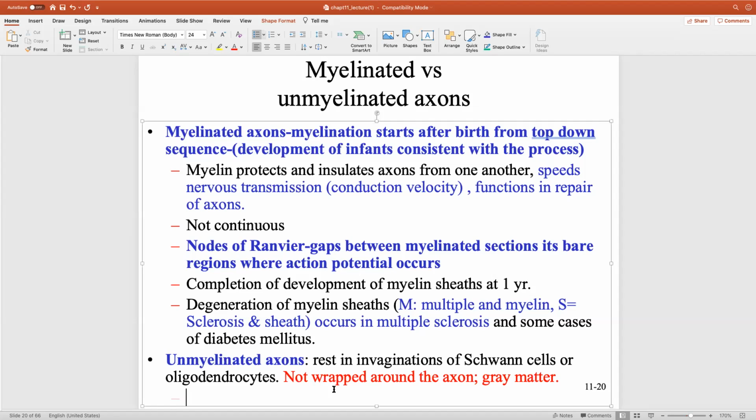So what happens? Depending on how far the action potential has to move, you might need to speed it up. Sciatic nerve, very long. You might need to speed up that action potential so that you can bring that information in fast, or bring that information out so that you can contract the muscles, because it's so long.